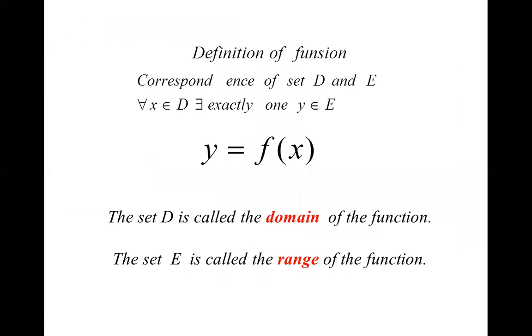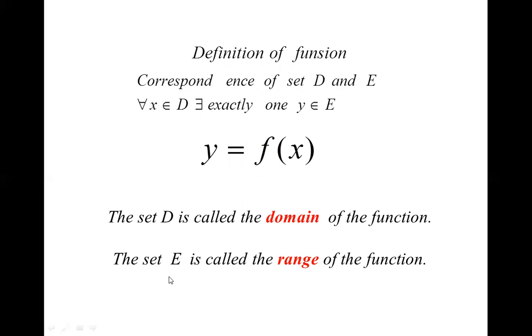Definition of function: a correspondence between the sets D and E, where for any x belonging to D there exists one y belonging to E, y is f of x. The set D is called the domain of the function.